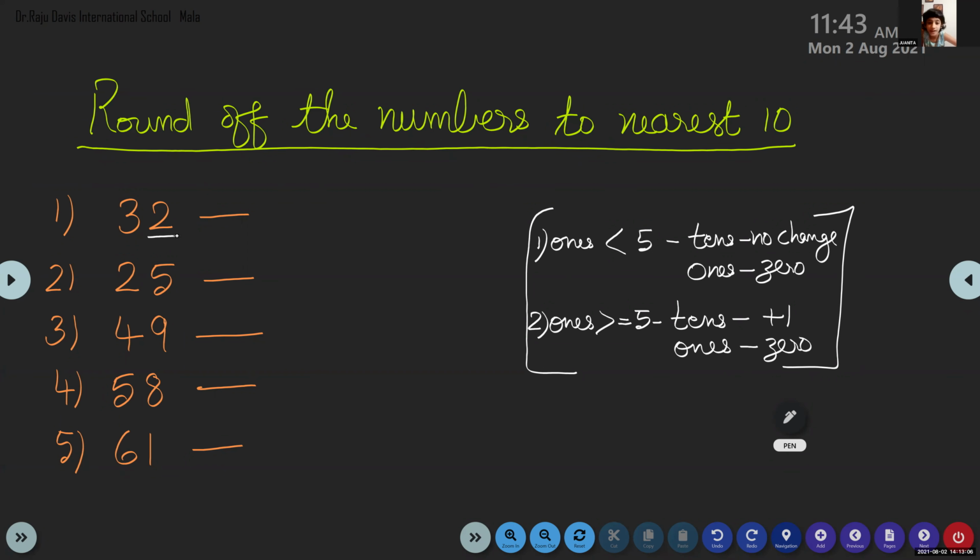Lesser than 5. So what will be the answer? 30. Good. 2 is lesser than 5, so first rule: tens no change, same. Ones will be 0. That means 32 is near to 30. Good.